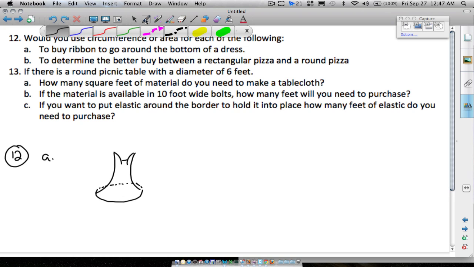If we're trying to put a ribbon around the bottom of a dress, that is going to be circumference. Remember, the circumference is the distance around a circle. If we assume this dress to be a circle and we want to put a ribbon around it, we have to use circumference.